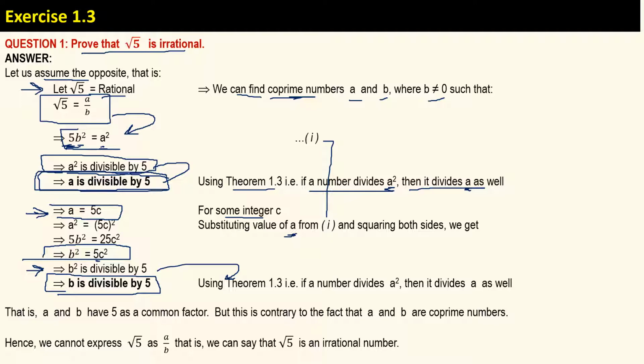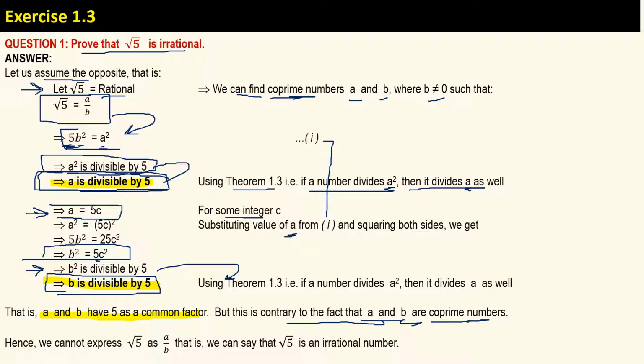So if we see these two results that we have arrived at, that b is divisible by 5 and a is divisible by 5, we see that a and b have 5 as a common factor. But we realize that this is contrary to the fact that a and b are co-primes, because co-primes have only one highest common factor, HCF, which is equal to 1.